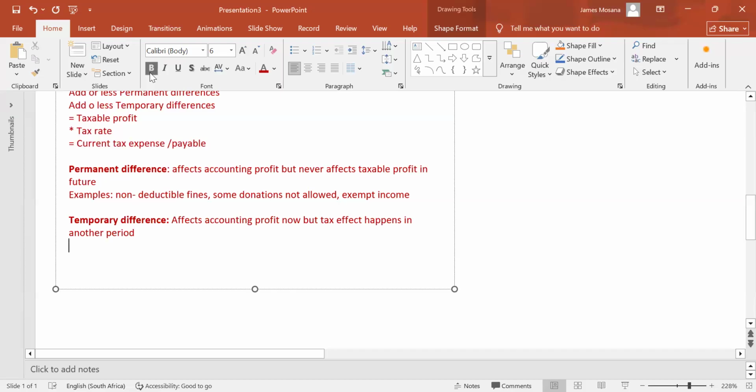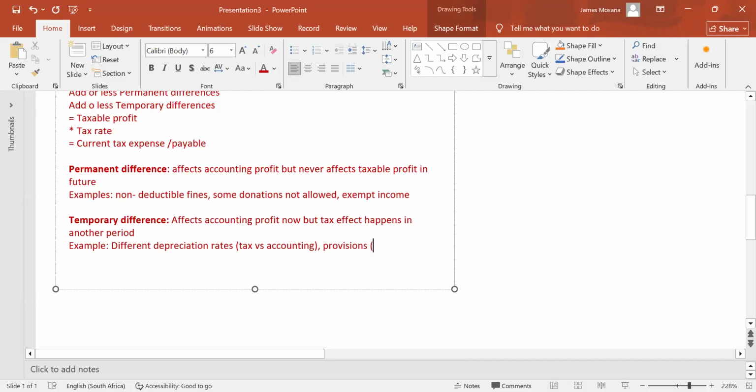Right. So it's only fair for me to also give the example here as well. Now, with the example, here we are talking about different depreciation rates. So tax versus accounting. So obviously it would be depreciation versus wear and tear. And we also have provisions.